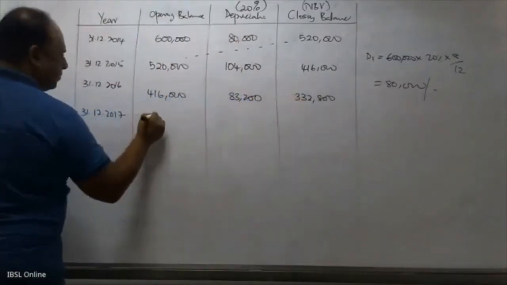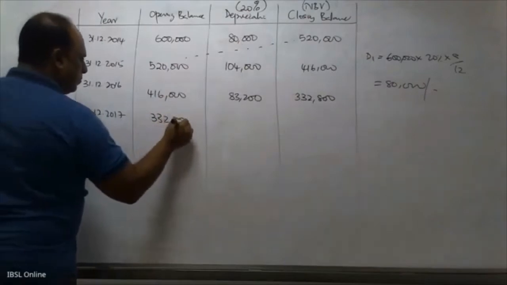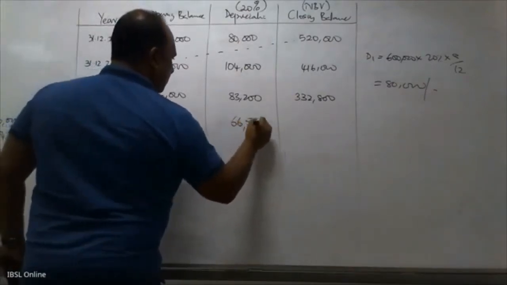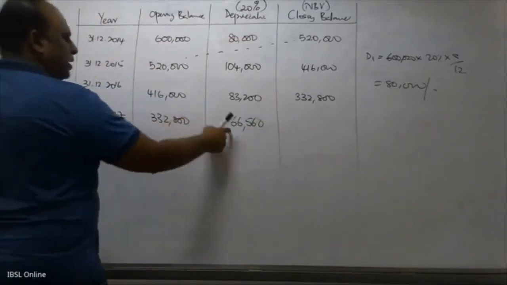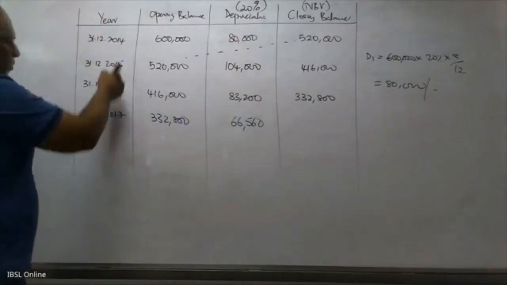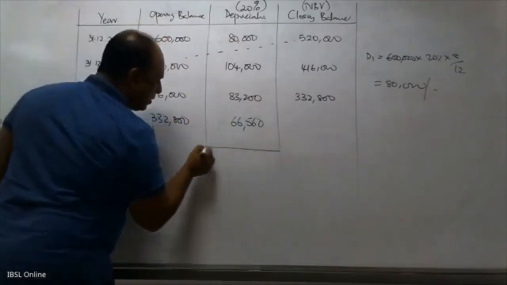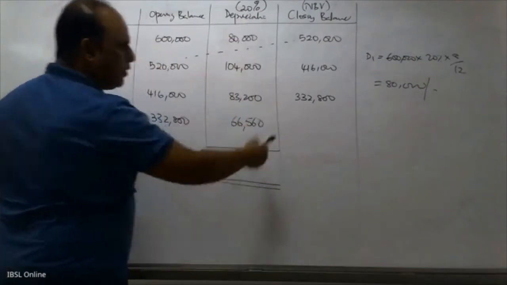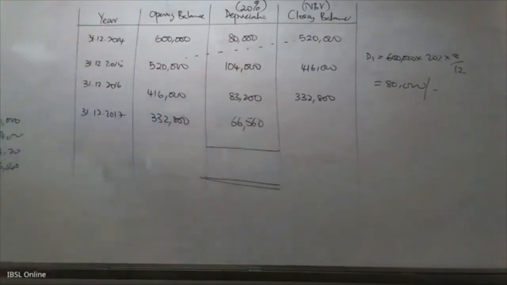That comes here. 66,560. So you can deduct this and put it here. Now, what is the question? What is the accumulated depreciation? You take the total of all these, that will be your accumulated depreciation.